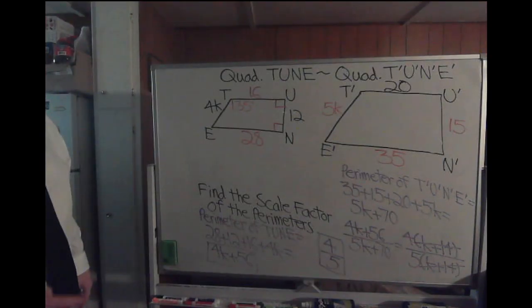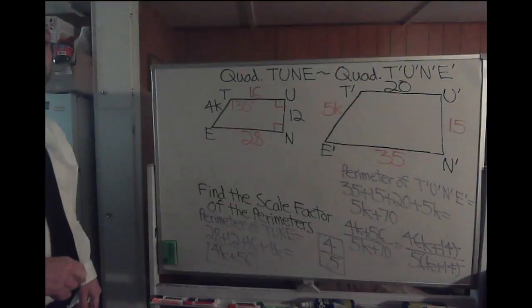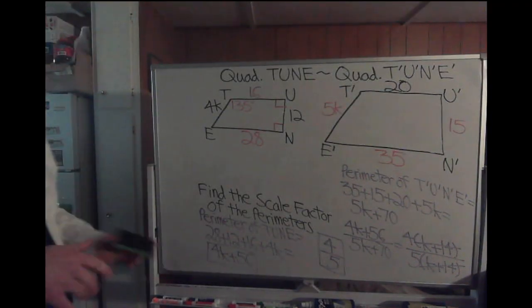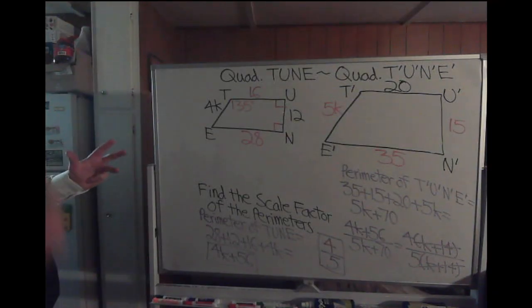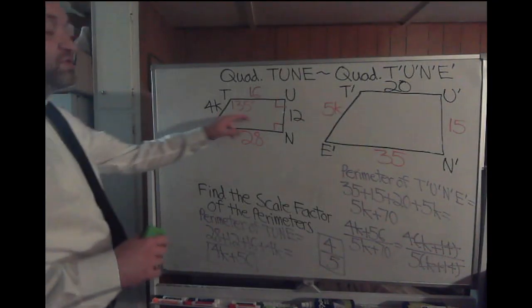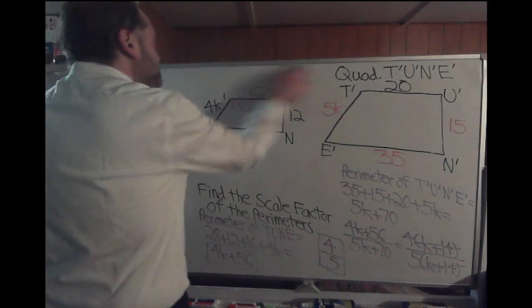Now, a little later in the course, we'll talk about the scale factor of areas and volumes, which are definitely different than what we're talking about today. But that's for another lesson. But just know that the scale factor of the perimeters will be the exact same as the scale factor of your sides of both corresponding polygons. Okay.